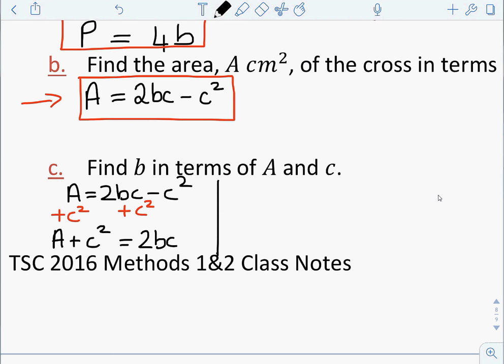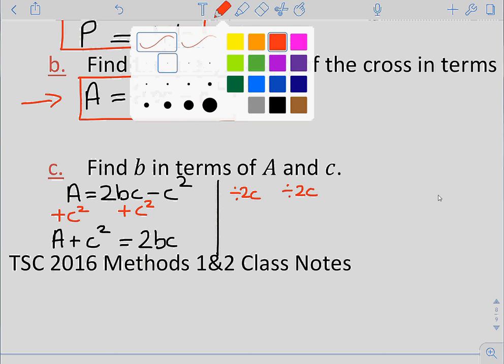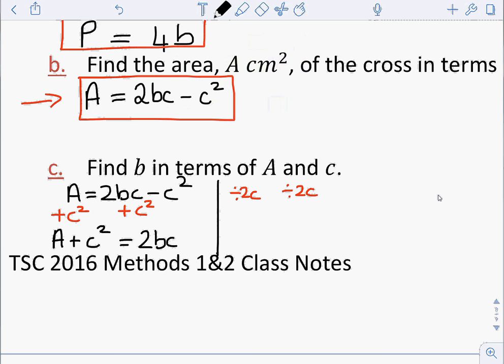Notice that I have 2 times b times c. Recall that in multiplication, order does not matter, so I can say that's like 2c times b, which means I can divide by 2c. Dividing by 2c on both sides leaves me with b by itself, which is what we're trying to find, in terms of A and c.